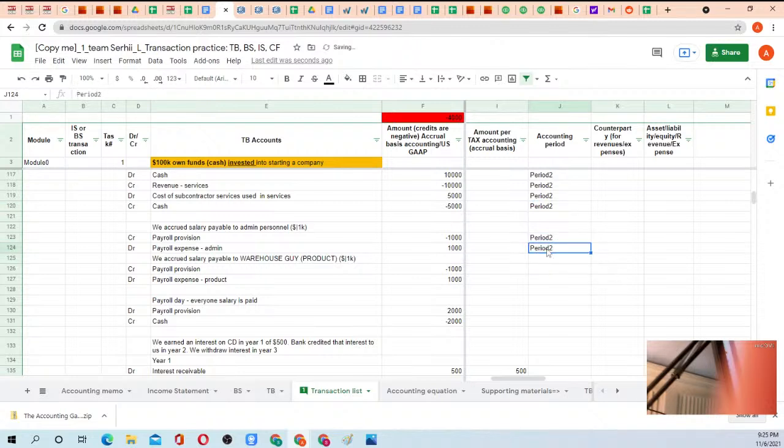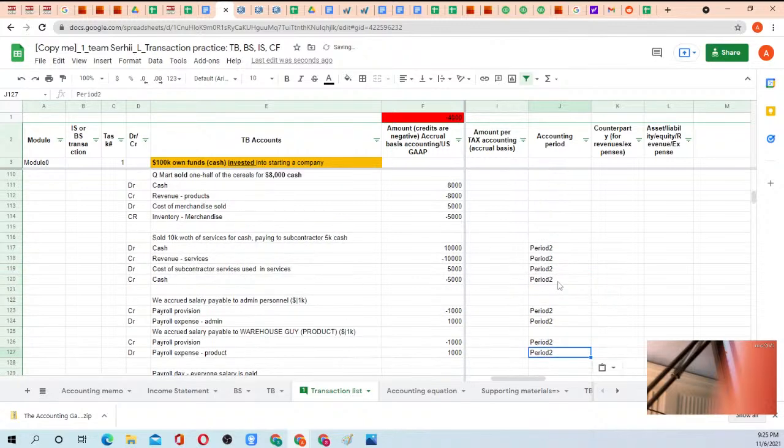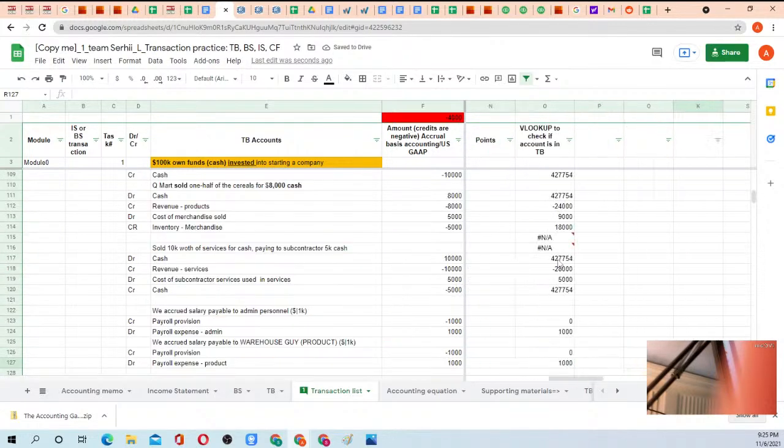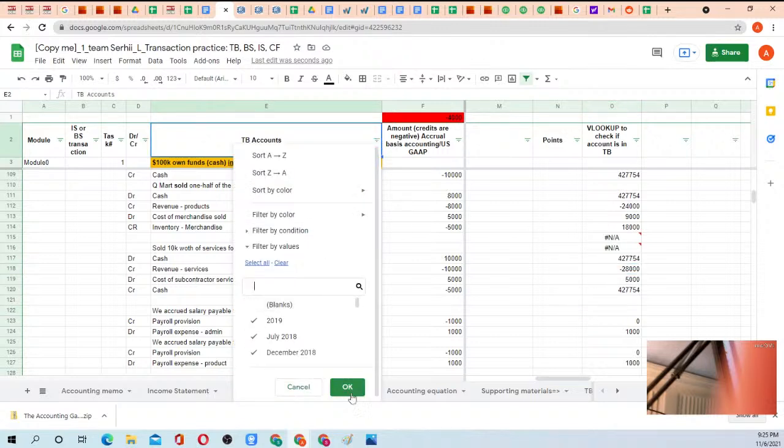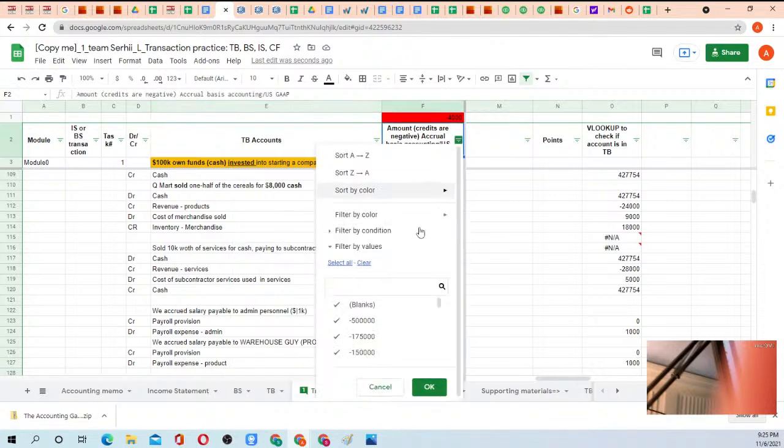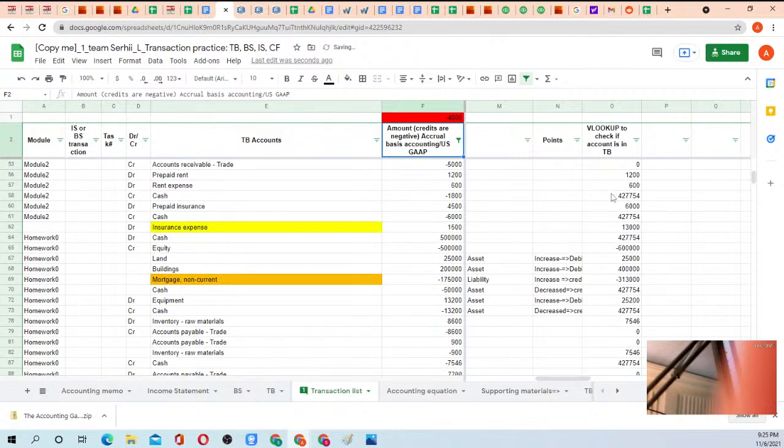To show you everything, I probably need to fix all my financials. If you remember, we use the lookup function to fix our financials. So I remove blanks from where I have the numbers.